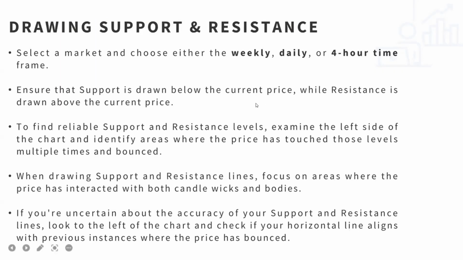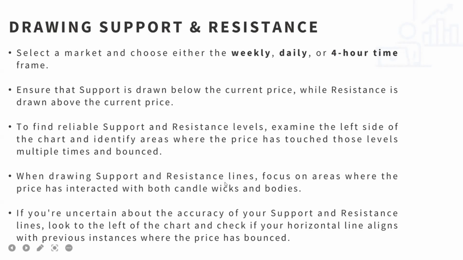How do we draw support and resistance? Select a market and choose either the weekly, daily, or 4-hour time frame. Ensure that support is drawn below the current price while resistance is drawn above the current price. To find reliable support and resistance levels, look left on the chart and identify areas where the price has touched these levels multiple times and bounced.